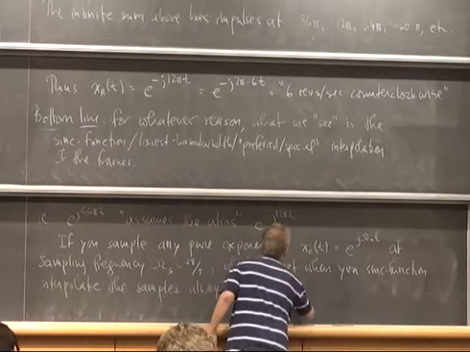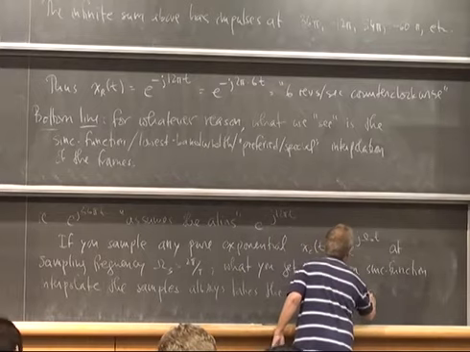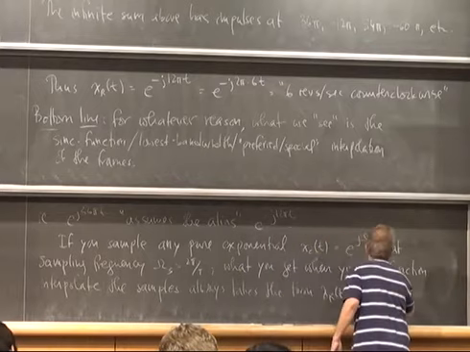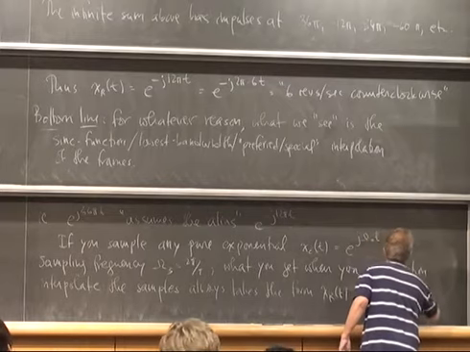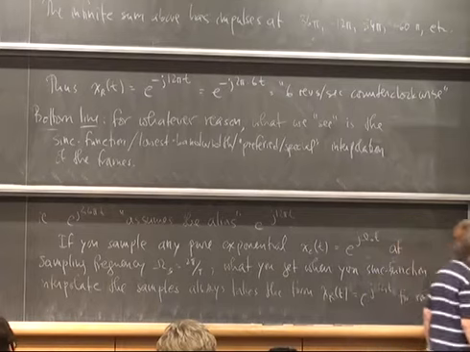It always takes the form xr of t equals e to the j omega 1 t for some omega 1. What's that omega 1 going to be?